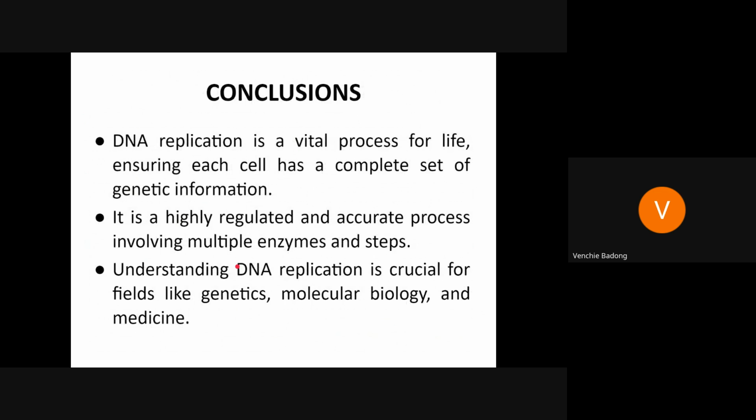So in conclusion, DNA replication is a vital process for life, ensuring each cell has a complete set of genetic information. It is a highly regulated and accurate process involving multiple enzymes and steps. Understanding DNA replication is crucial in the field of genetics, molecular biology, and medicine. Thank you.